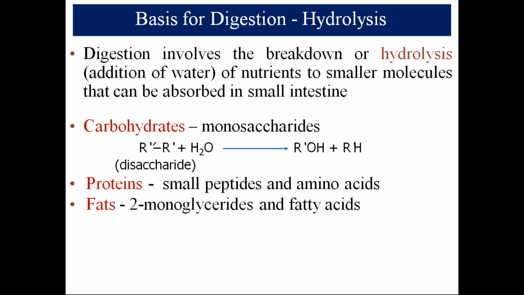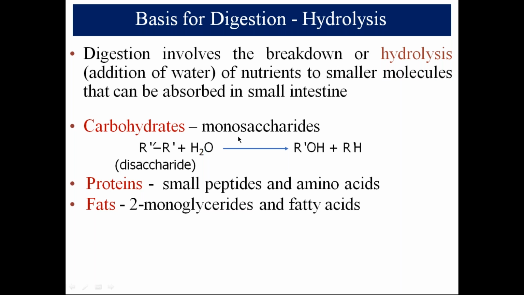So the first thing, the basis of digestion, is hydrolysis. Hydrolysis basically means that you are adding water which was removed when these complexes were formed. When you add water, they form smaller molecules which can then be absorbed by the small intestine, right?